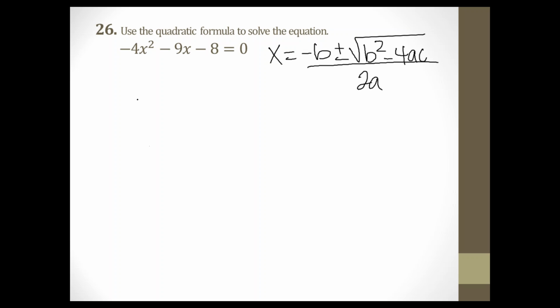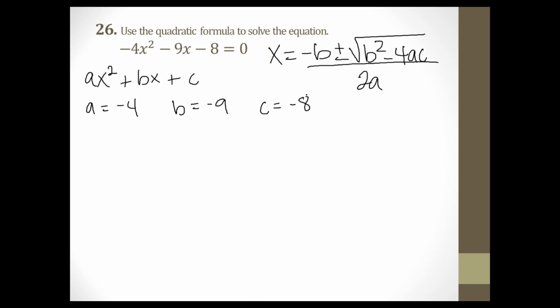Okay, so let's identify our coefficients. Remember, we're getting it from ax squared plus bx plus c. So a equals negative 4, b equals negative 9, and c equals negative 8.